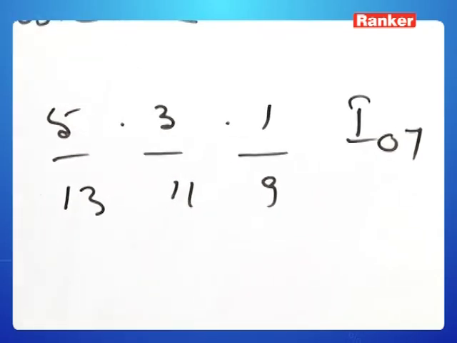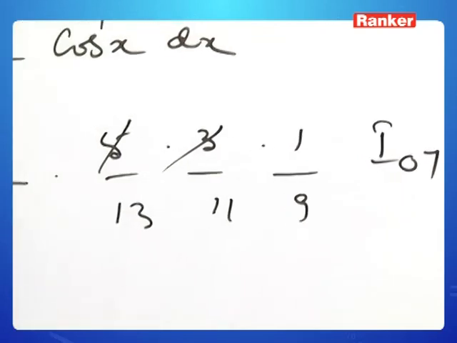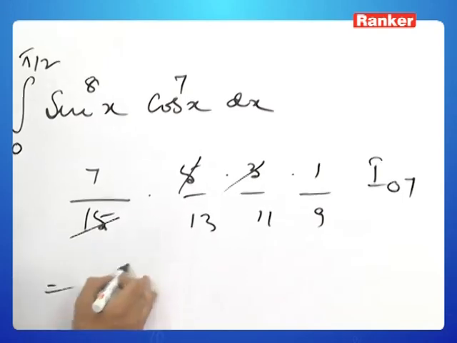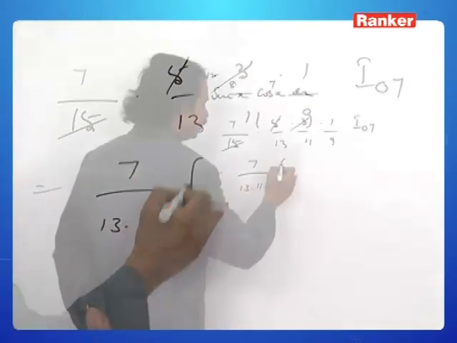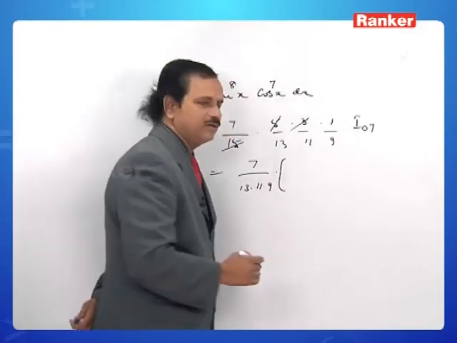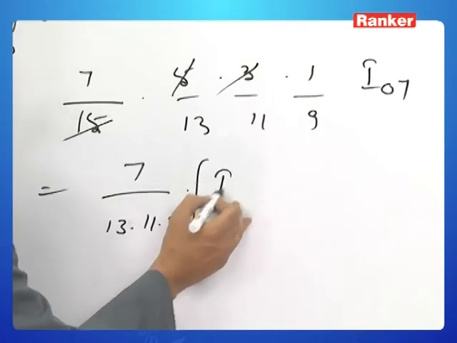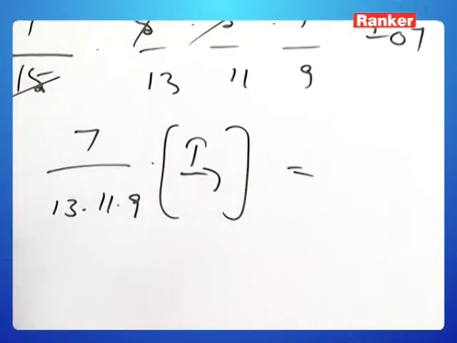I0n, n is of course 7. Any more cancellations? 5 3s of 15, it can be cancelled. Any more? No more. Okay, this is 7 by 13 into 11 into 9 into what is I07? I07 is nothing but I7. What is I7? The standard format of Wallis formula.